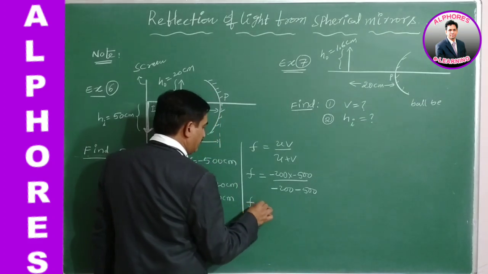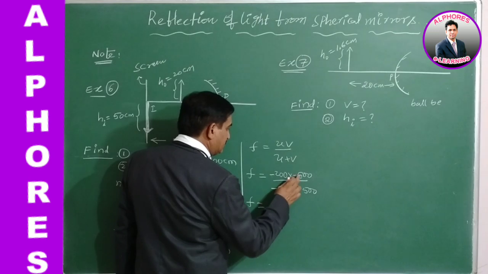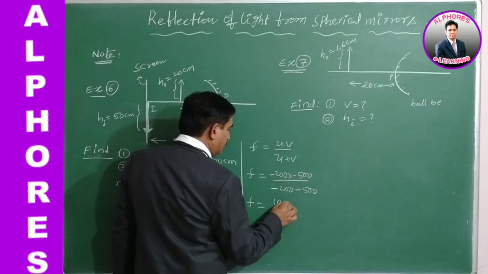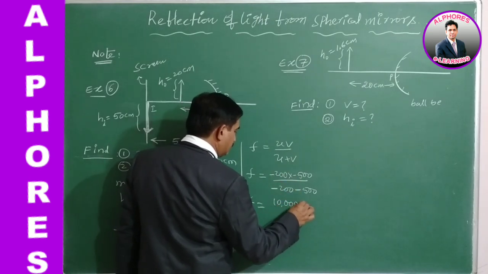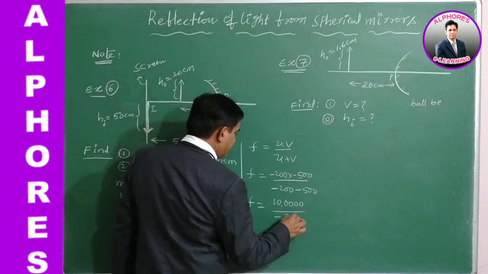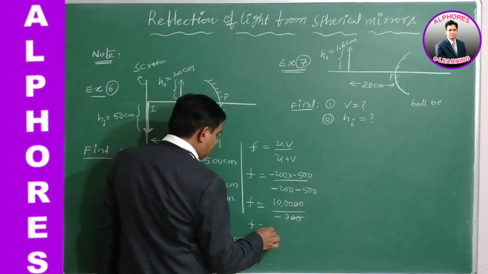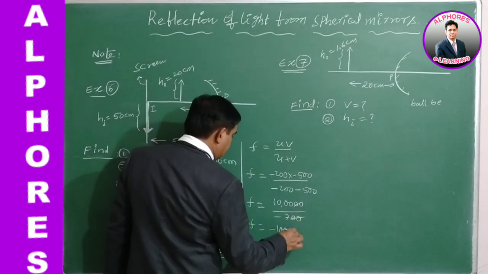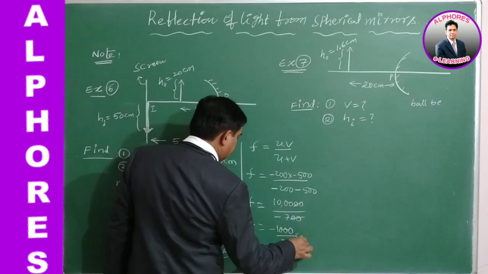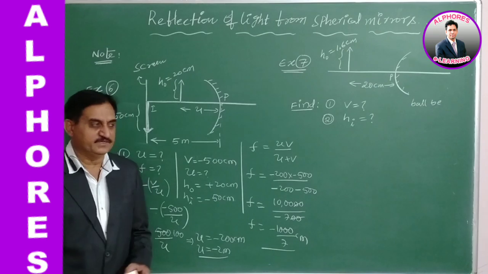This is 100000 by minus 700. Two zeros get cancelled, and you will get minus 1000 by 7 centimeters. So this is the focal length of the given concave mirror.